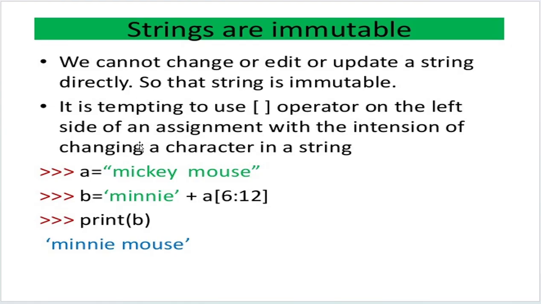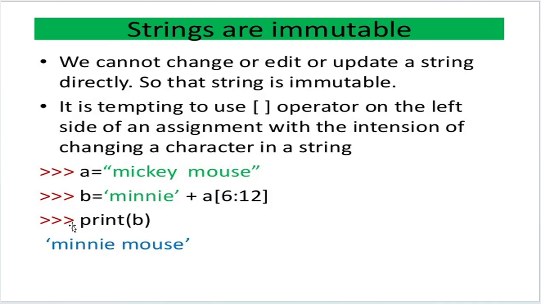But using the slicing operator, you can add strings. If you use the slicing operator, you can slice the given string and add it with another substring. That is possible. Once the string is created, you cannot change each and every character, but using the slice operator you can attempt to change it.